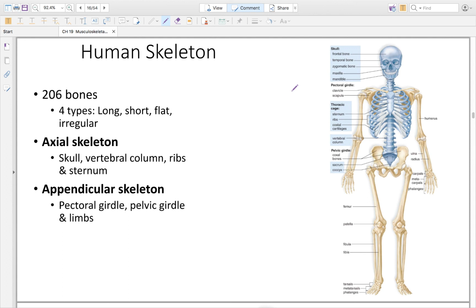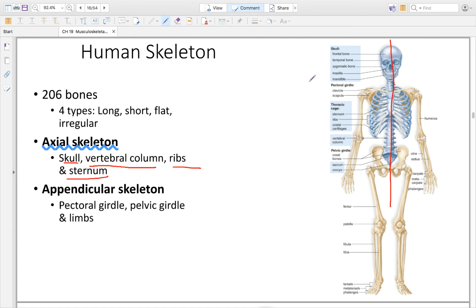And we break down the skeletal system into the axial skeleton. The axial, think of it this way: it's the central axis of the body. So the axial skeleton is in the middle there, right? It's going to be the skull and all of the bones in it, the vertebral column, the ribs, and your sternum.